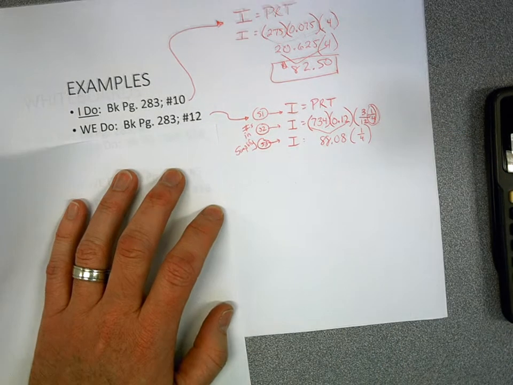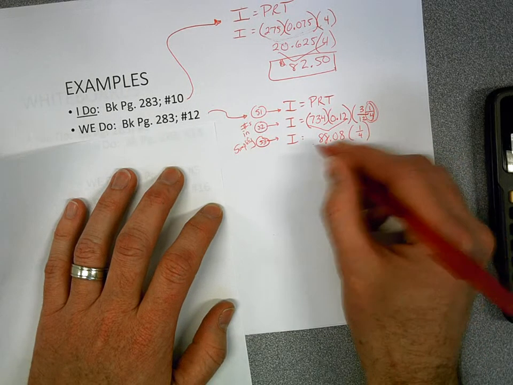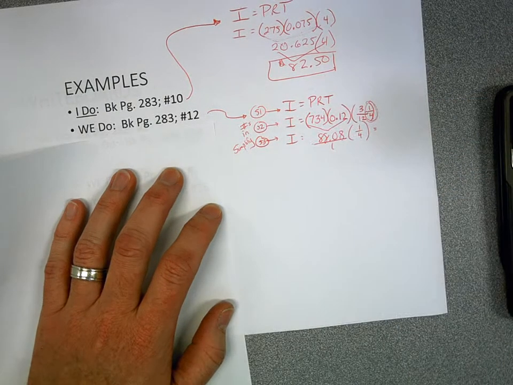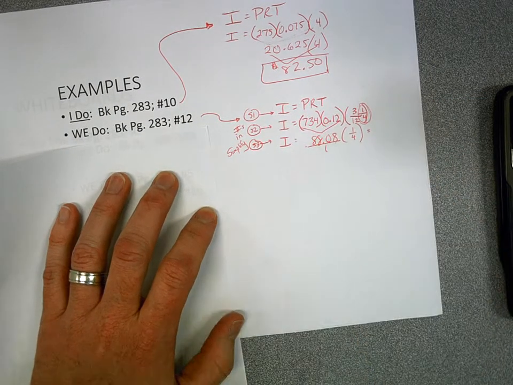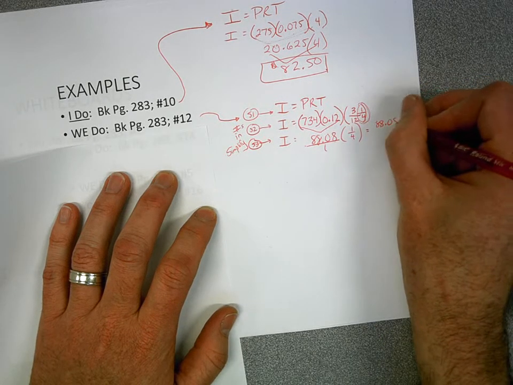So if you have a fraction, here's how you do it. You change this decimal into a fraction as well by putting it over 1. And then you multiply straight across. 88.08 times 1 is 88.08. 1 times 4 is 4.